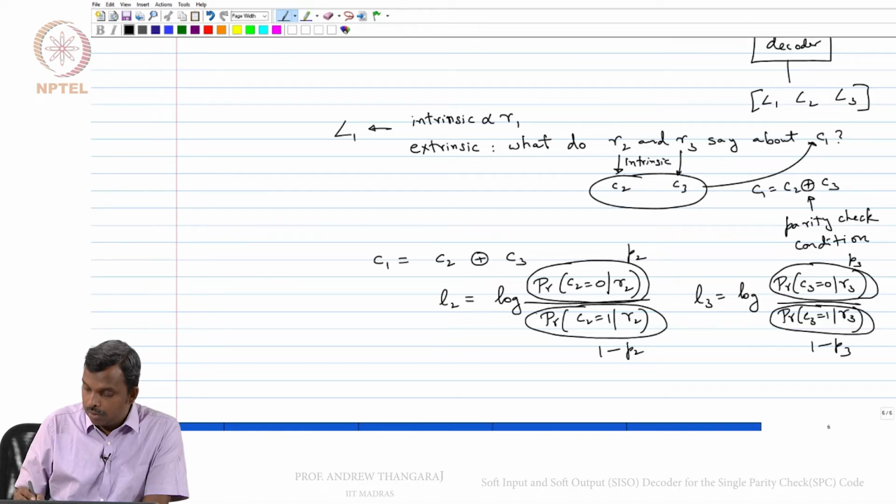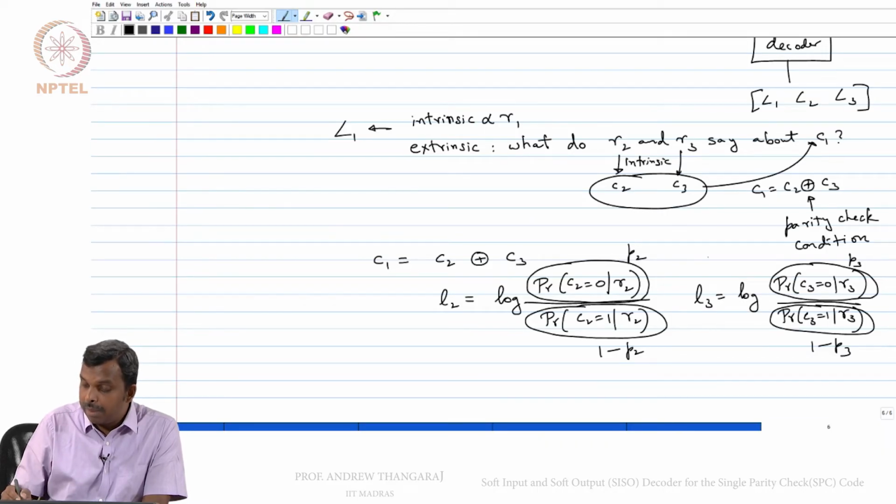There are various ways to do this. So L2 is log of P2 by 1 minus P2. From here you can find P2 as well, so you can write down what P2 will be in terms of L2. We will come to that a little bit later, but just remember this conversion.